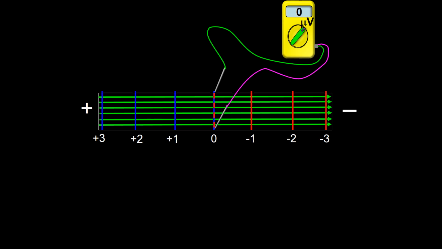But if instead of having placed the sensors in the direction of the traveling current, we place the sensors at the same distance but at the right angle from the current lines, that is in the same isopotential line as indicated in this frame, the voltage will be 0, regardless of where along the cable we move the sensors. As long as we keep the same relation, that is in the same line, the value will be 0.